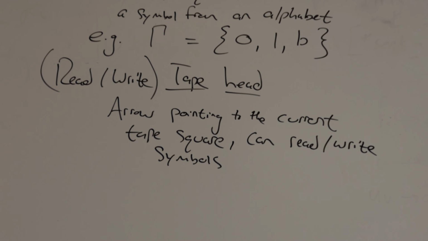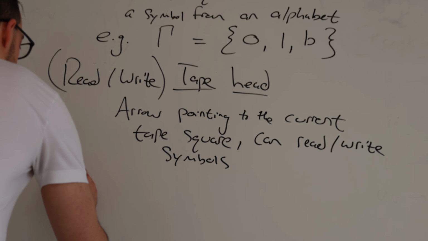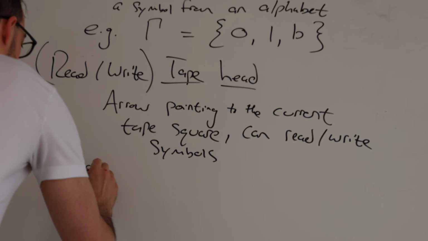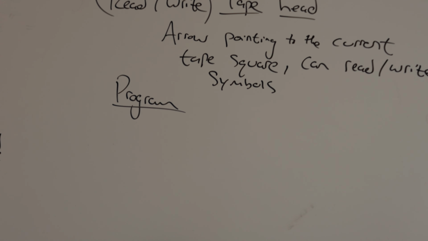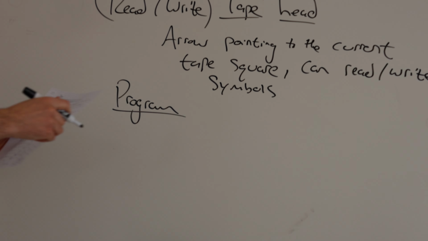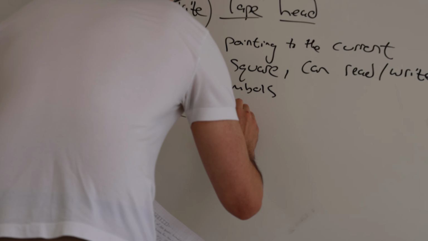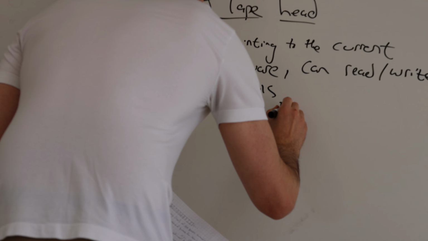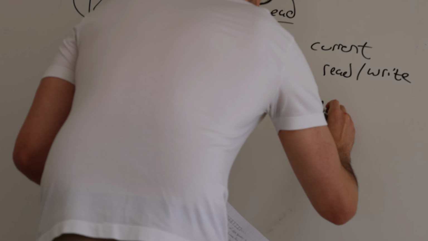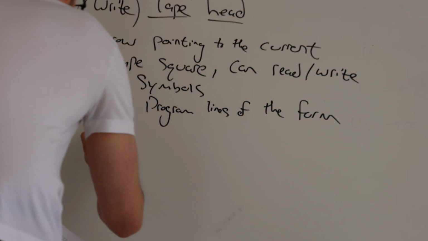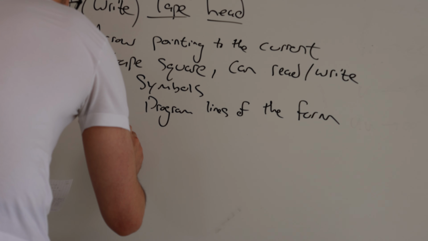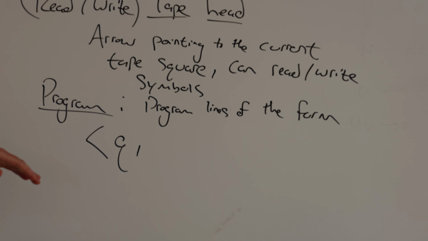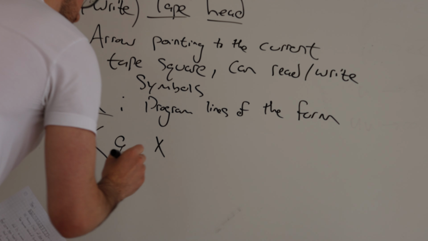The last thing that we have finally is the program itself. So the program is going to consist of program lines which have the following form. So the program will consist of program lines of the form, going to use angled brackets, going to have the current state, which will just be some q, and the current symbol, which will be some x.